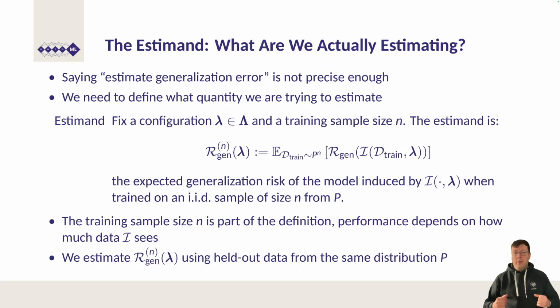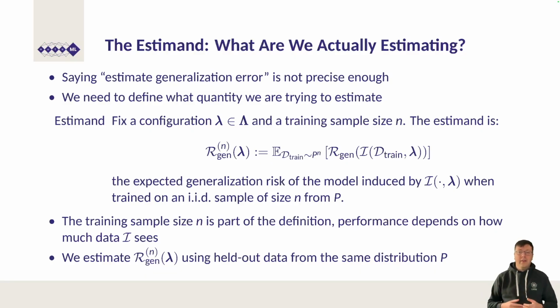Simply saying we want to estimate the generalization error is not precise enough, because generalization performance is not a fixed property of the configuration lambda in isolation. It also depends on how much data the inducer gets to train on. The proper definition is as follows. So fix a configuration lambda and a training sample size n.